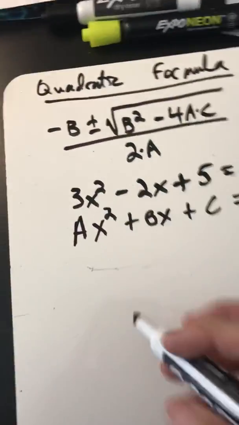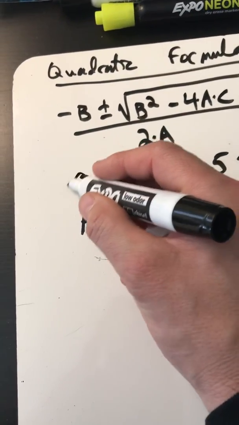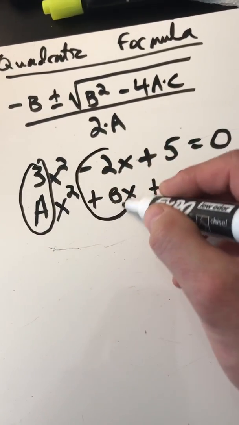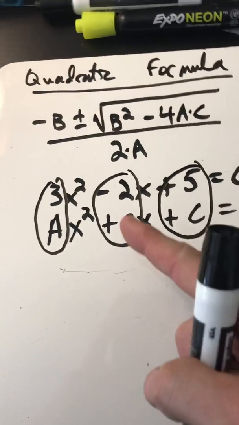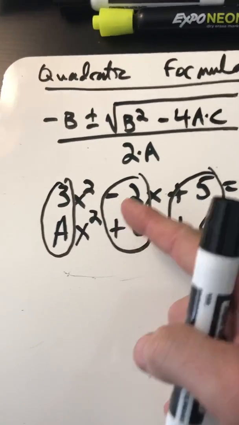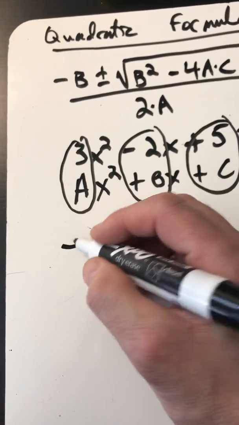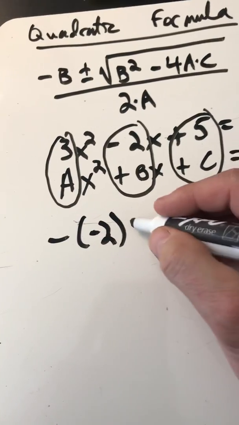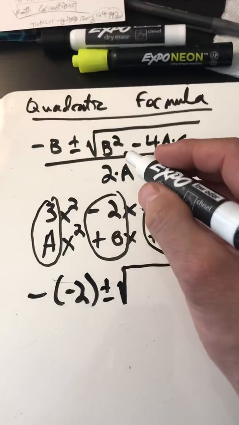Okay, so negative b. Let's circle these so you can see them. A is 3, b is negative 2, c is 5. And yes, the signs matter, of course. You've got to use parentheses when you plug these in. Negative b, that's negative 2, plus or minus the square root of b squared.